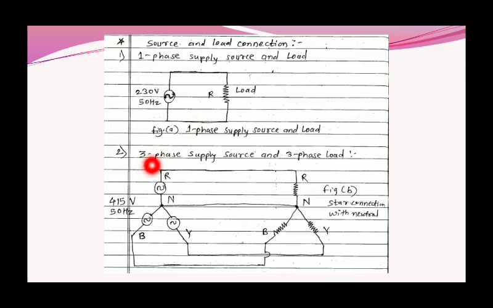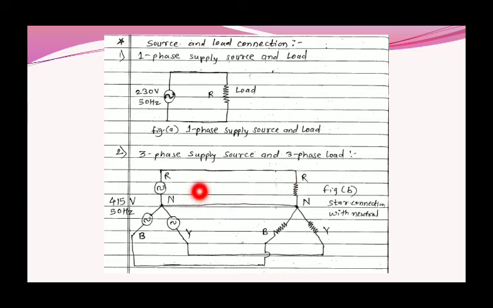Here you can see the three phase source and three phase load, meaning there are three phases. For example, we have the red wire R, Y, B and one neutral. So this is called a three phase supply, that is generally used for industry purpose or where more power is required. So this is R phase, Y phase and B phase, and these are connected to each other.